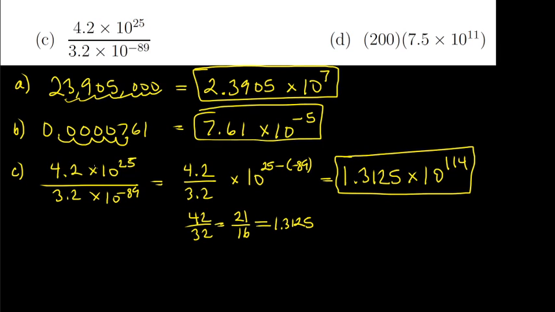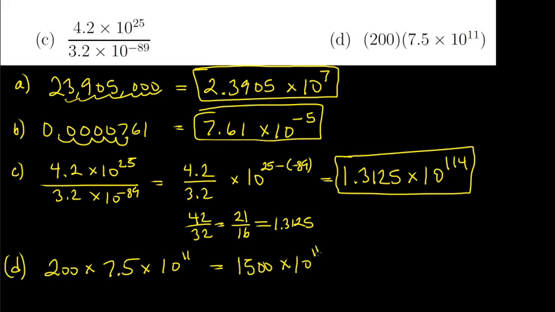Right, and I think you can handle part D, but let's go through it very quickly. So this is 200 times 7.5 times 10 to the 11. So 200 times 7.5 is 1,500 times 10 to the 11. However, that's not scientific notation, right? We still have to move the decimal 1, 2, 3 more spaces to get 1.5.